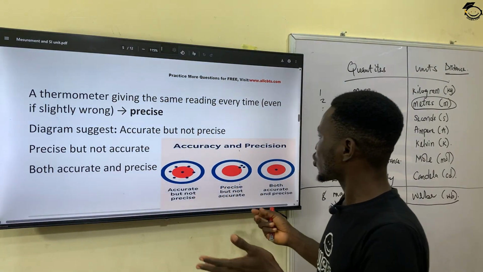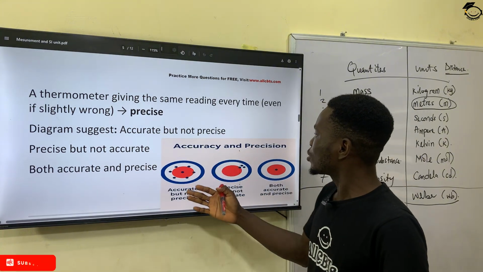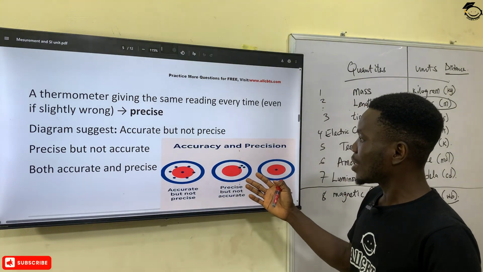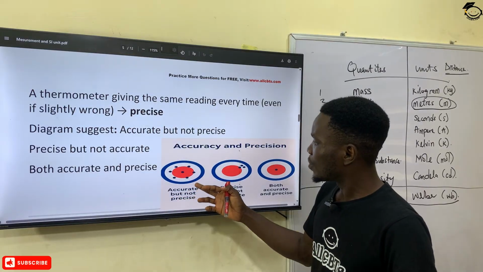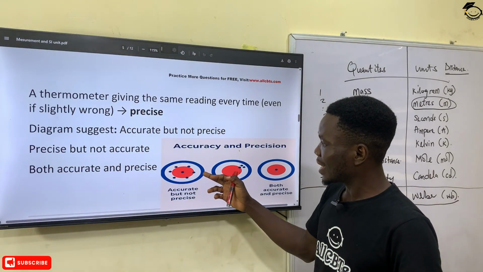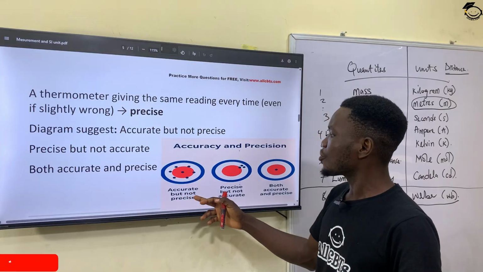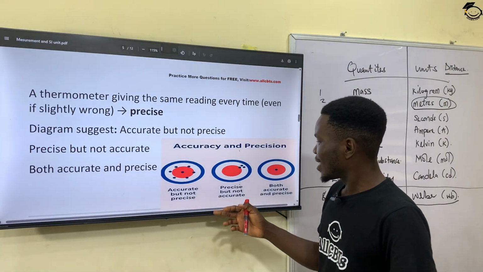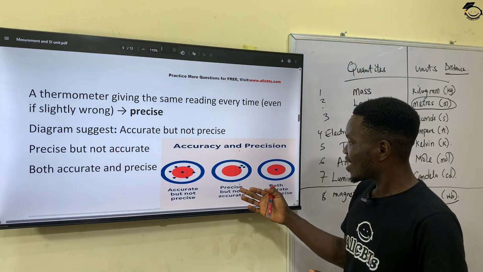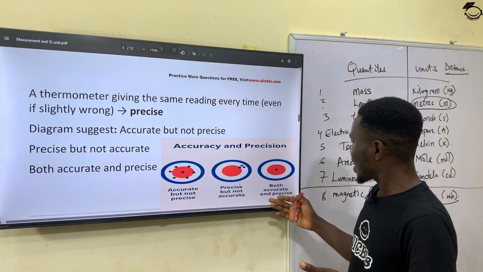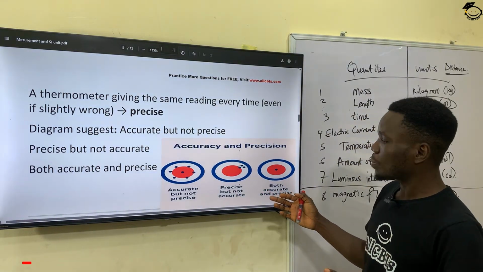So this diagram is showing what precision and accuracy are talking about. Looking here, I have values like this. It says accurate but not precise. Then here I have precise but not accurate. Then here both are accurate and both are precise. Why?